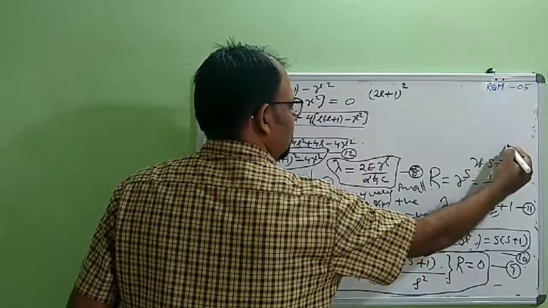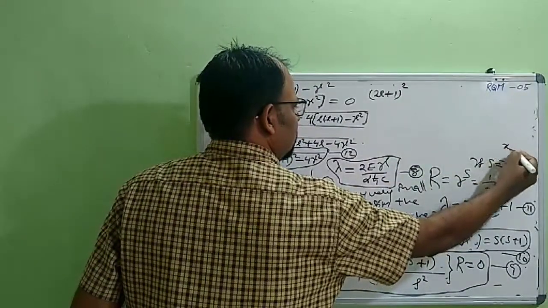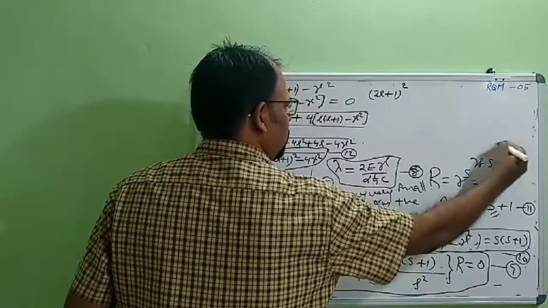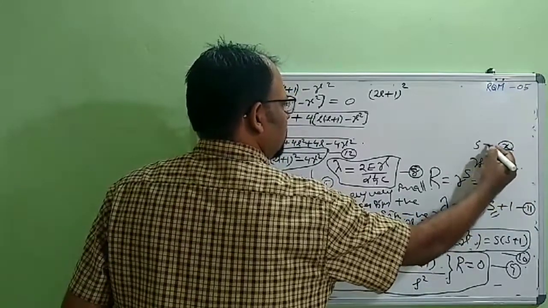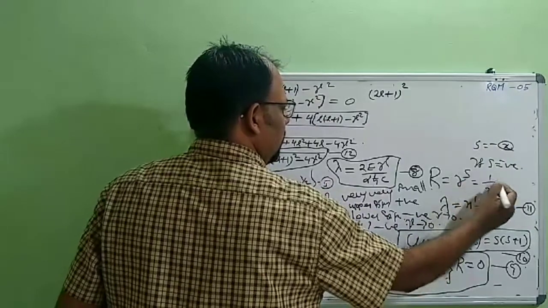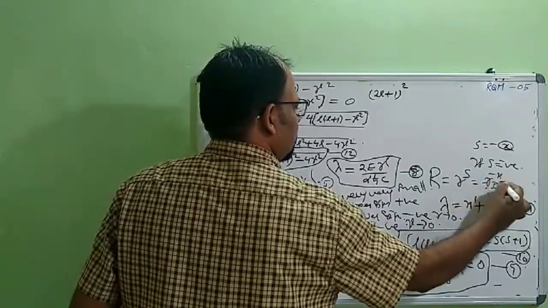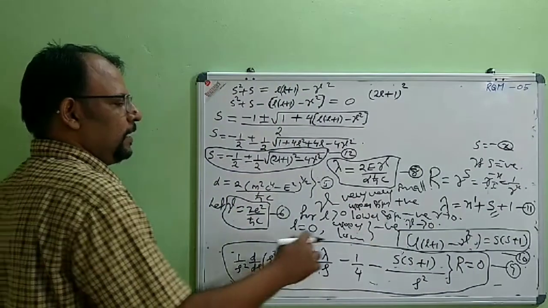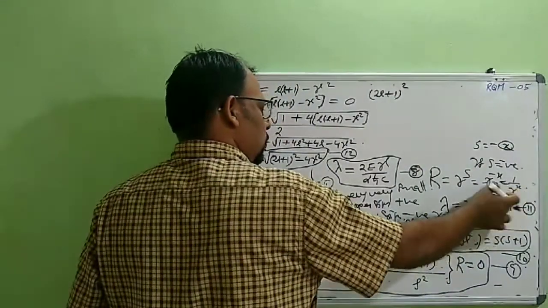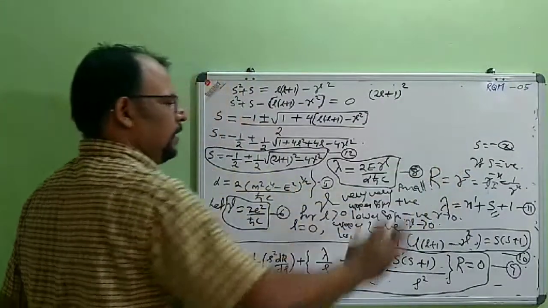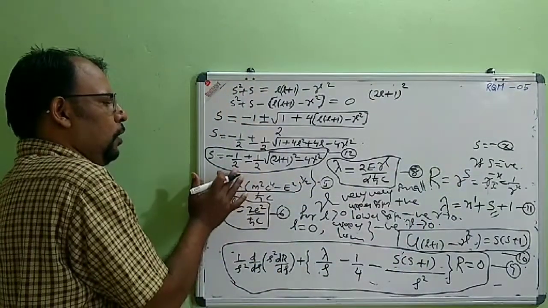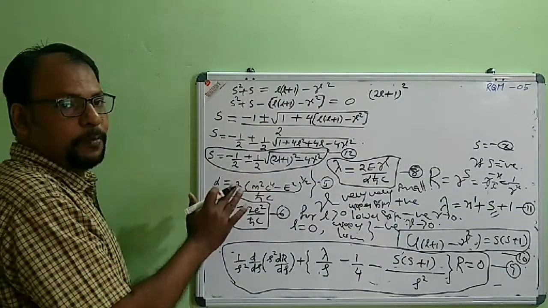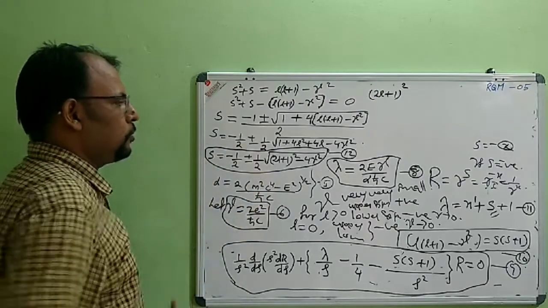I am taking that positive power as x. If s is equal to minus x, then it will be r raised to minus x, or 1 by r raised to x. Now take the case with r equal to 0, then this term will be diverging. So the negative value of s is not acceptable. So we will be taking only the positive value of s.